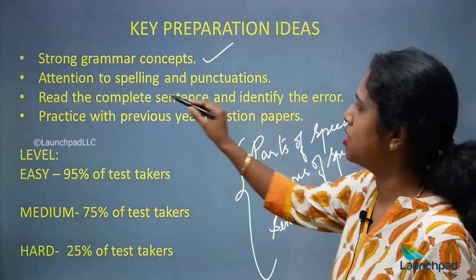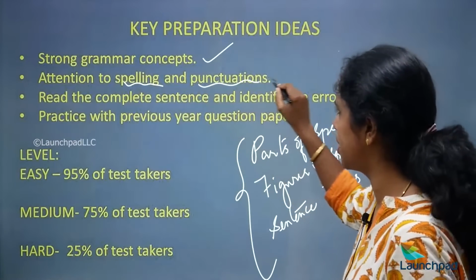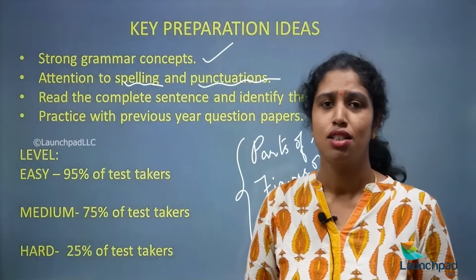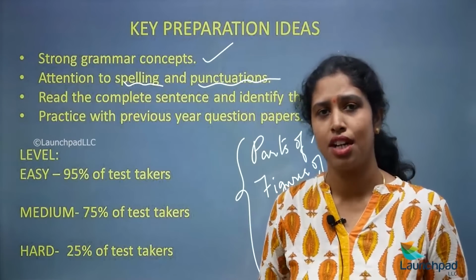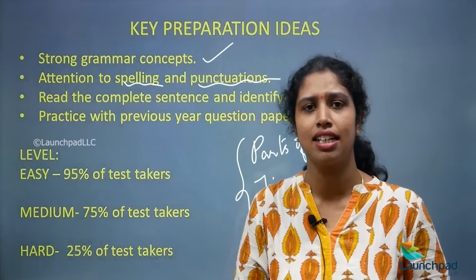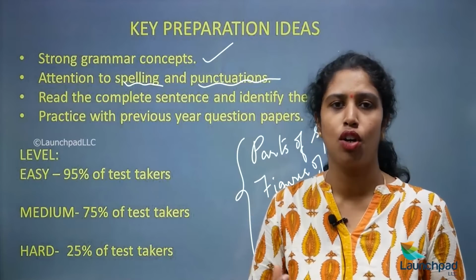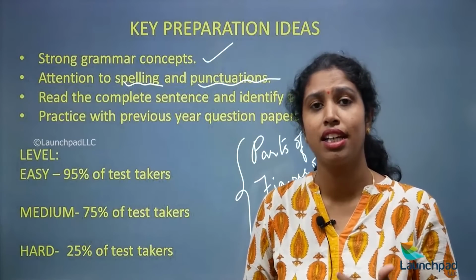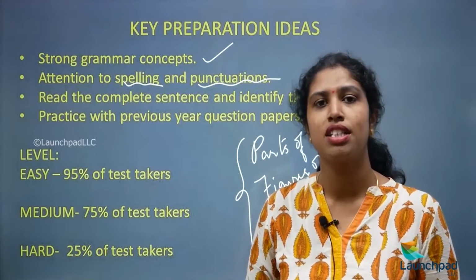Next, attention to spelling and punctuation. Spelling involves your vocabulary sense. You can do a lot of reading, try writing, and do a lot of listening. Through this, you will develop the knowledge of words. Whenever you're listening to words, you need to give strong value to phonetics.